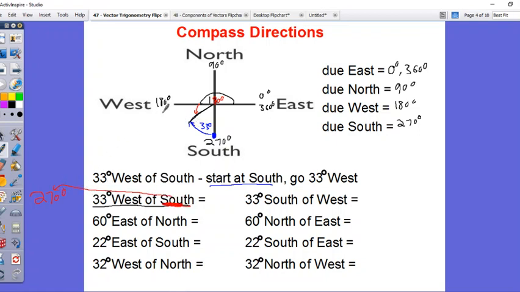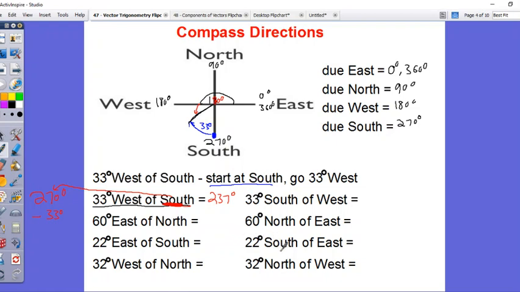And we're moving west, which means we're moving clockwise, so we subtract 33 degrees. So 270 minus 33 is going to be 237 degrees.